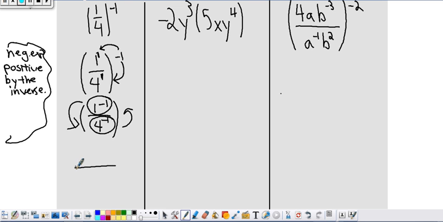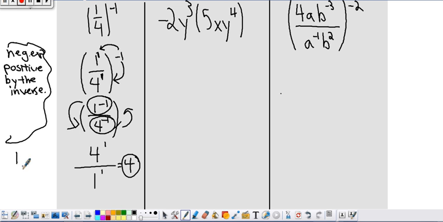And the 4 to the -1 is in the denominator, so I'm going to move it to the numerator. When it becomes a term in the numerator, it's no longer a negative exponent; it now becomes a positive exponent. And the same with this 1 here. This 1 to the -1 becomes a positive exponent. So when you simplify that, that's just 4 over 1, and you get 4 as your final answer.